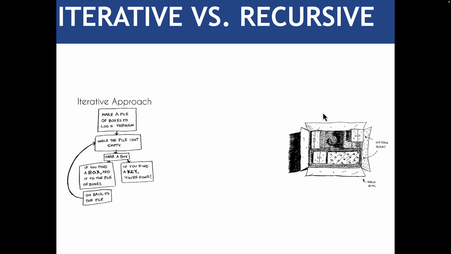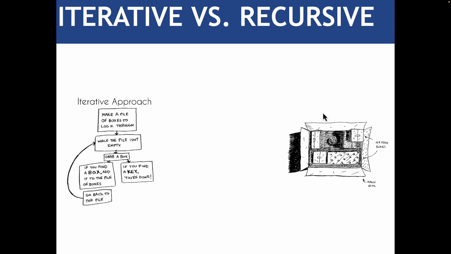So let me give you this example. Imagine that you have a box and you will unfold these boxes until finding a key. So now if I tell you make a program, in the way that you know in CS101, for example, to unfold until you find a key, how are you going to do it?